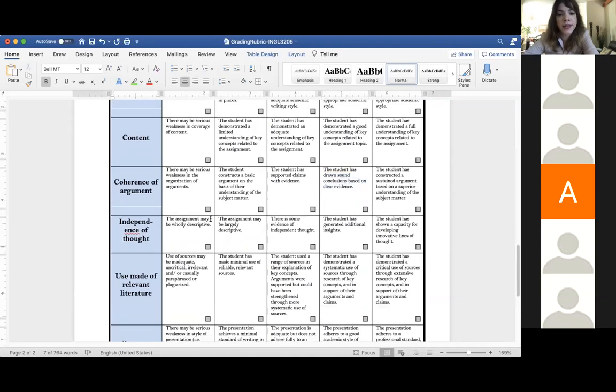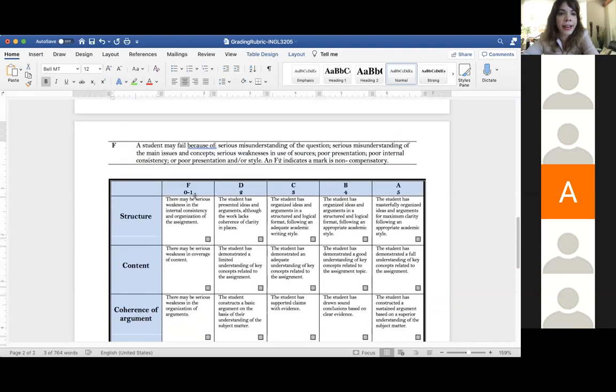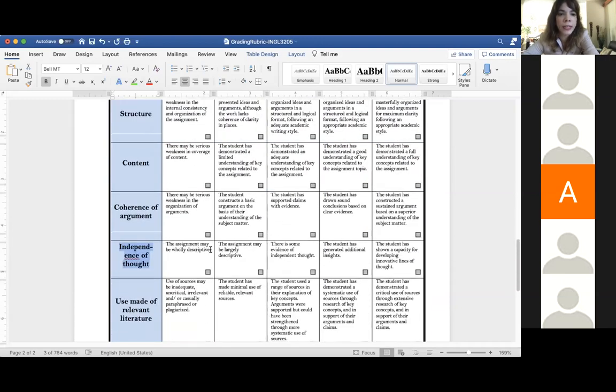Independence of thought. This is really important, and I'm gonna highlight this. So this basically, this note, the independence of thought, has all to do with plagiarism. So essentially, if you're copying word by word what somebody else said, that's an F. Wholly descriptive, not your opinion, somebody else's, right?